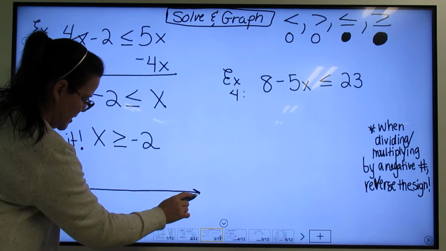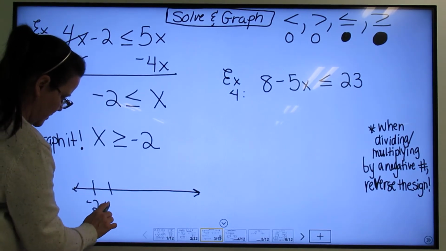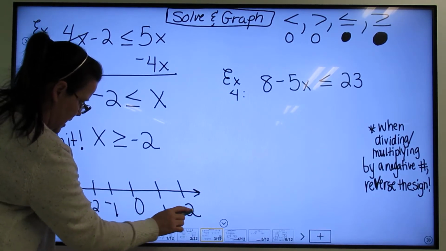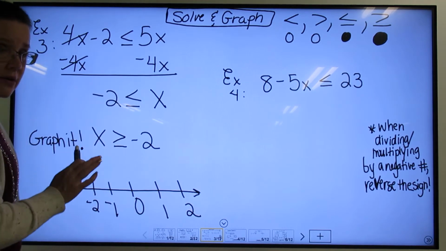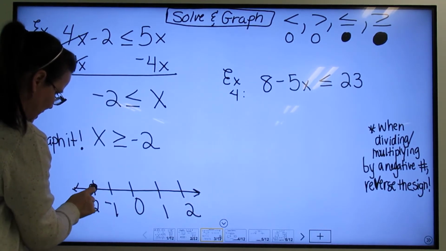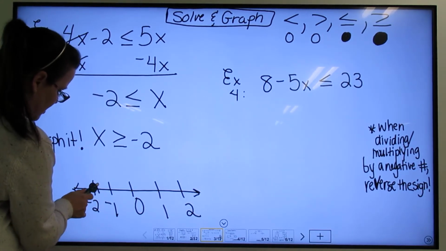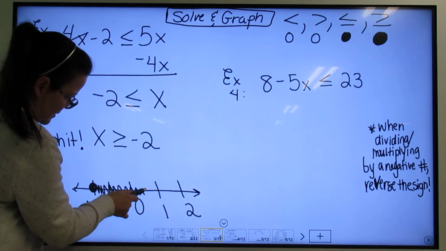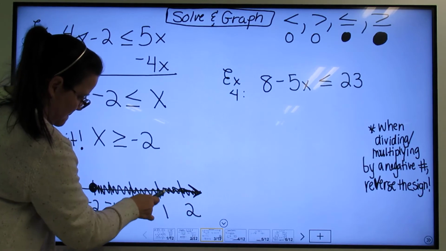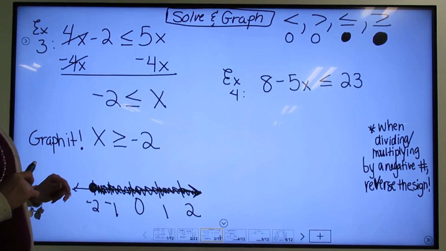When you're drawing it, you're doing your negative 2 on this side, and you're saying x is greater than or equal to, that tells me it's a solid circle, and that number is either going to be equal to negative 2, or greater than. So that graph will go this way. And that would be your final answer.